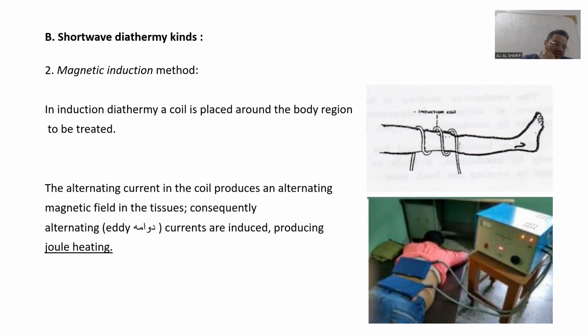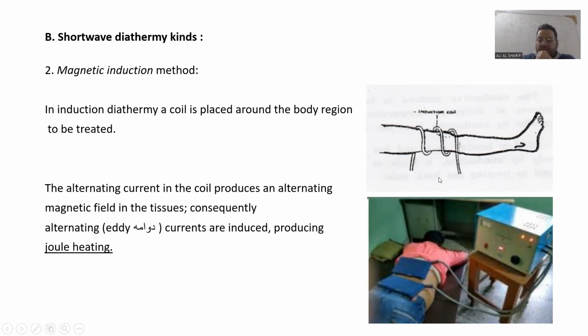In induction diathermy, coils are placed around the body region to be treated, as this picture illustrates. The wire is put in the form of a coil. Here's another, more modern picture. You must be careful with the alternating current in the coil.